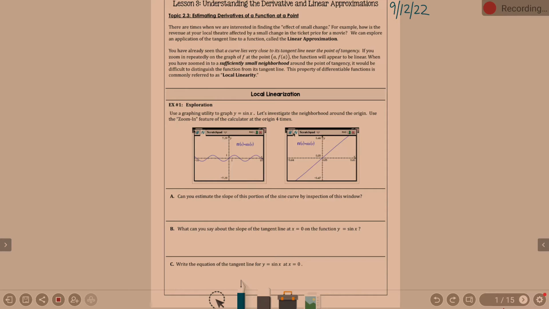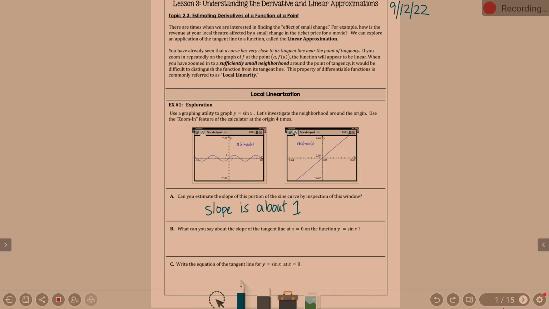Does it look about 1? If you look at the fact that right here it's up about a half, and if you go over about a half, so rise and run are the same. It's not necessarily exactly 1, but we're just estimating here, right?